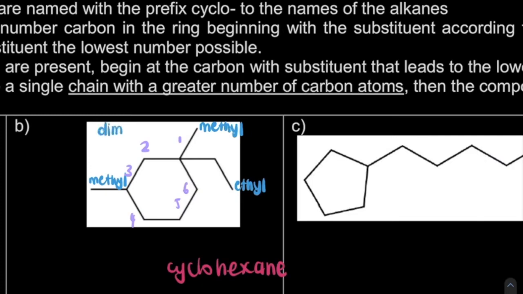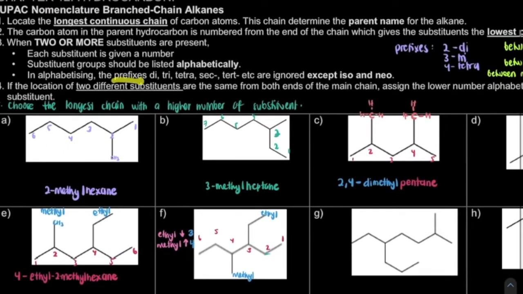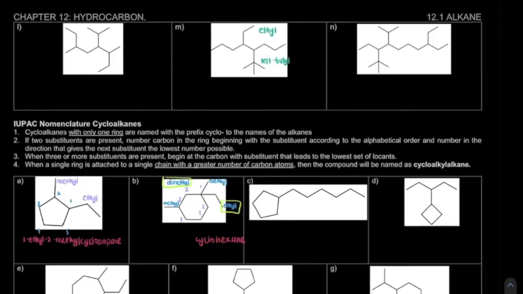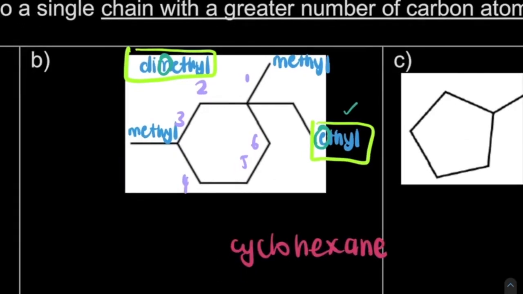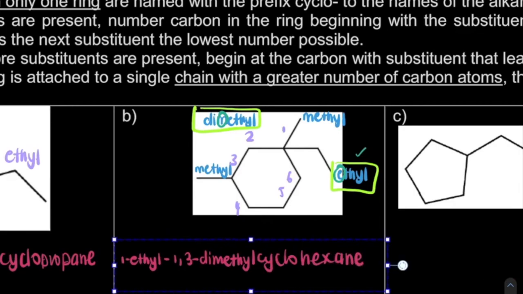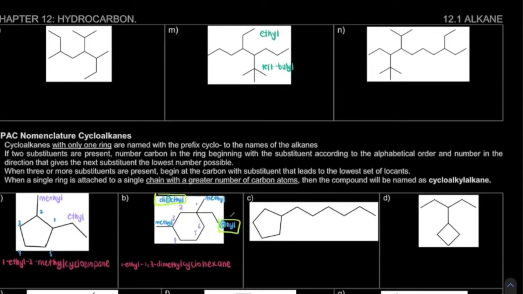Okay, but then remember the substituent tu, satu adalah dimethyl, another one adalah ethyl. Okay, so between dimethyl dengan ethyl, remember kalau prefixes di, tri, tetra kita akan ignore. So methyl ni kita tak akan ambil di, kita ambil from huruf M, while ethyl ambil E kita. So the name would be 1 ethyl, 2, 1, 3 dimethyl cyclohexane.